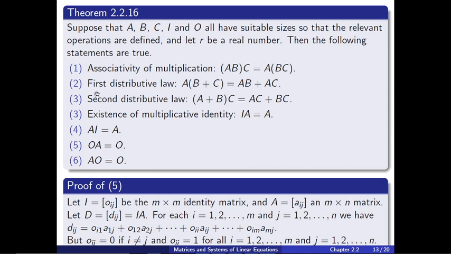And then the first distributive law, and we are distributing matrix multiplication over matrix addition. So A(B + C) is equal to AB + AC. And then the second distributive law is now we are doing it on the other side. Remember, we talked about the fact that matrix multiplication is not commutative, so we really need to follow the order that the matrices are being multiplied.